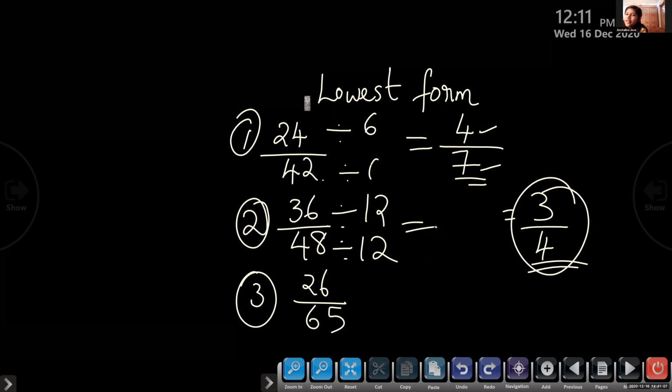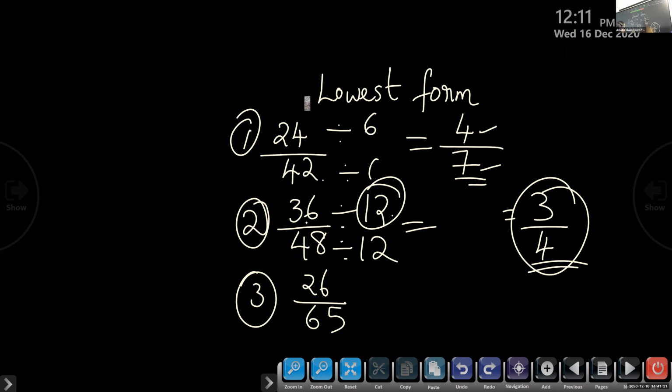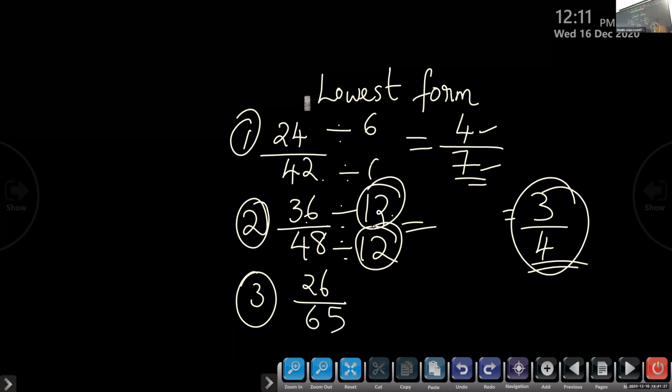So children, whether you do the division method or the highest common factor method, here 12 is the HCF. 12 threes are 36, 12 fours are 48. If you divide with the highest common factor, you can finish it within one step. Otherwise, you can divide again and again.